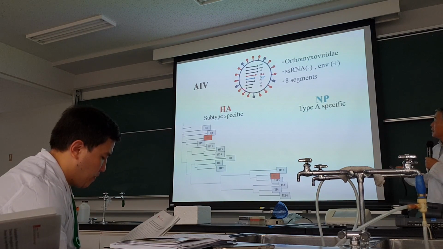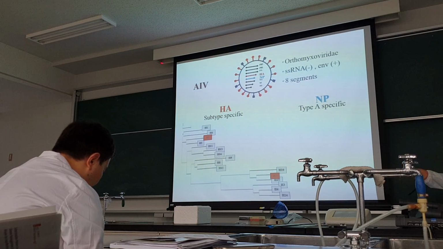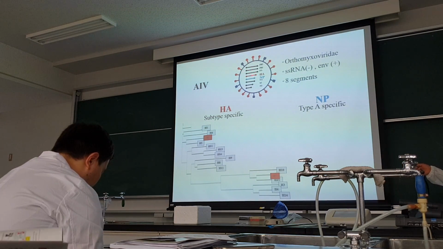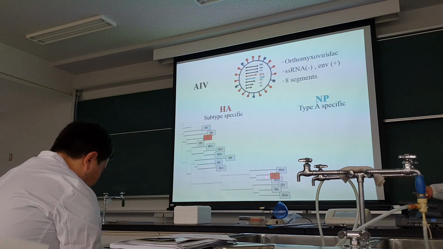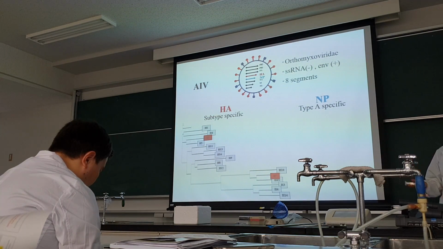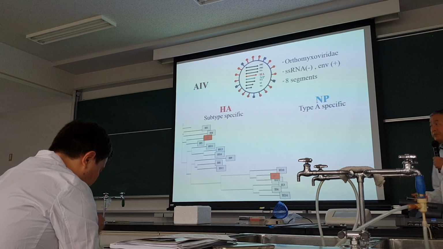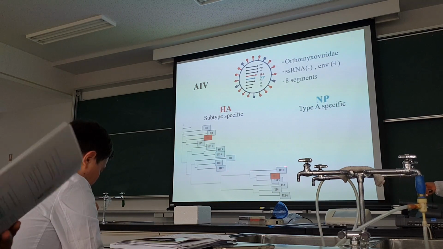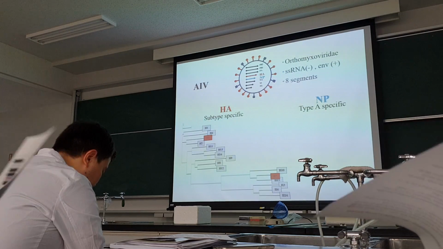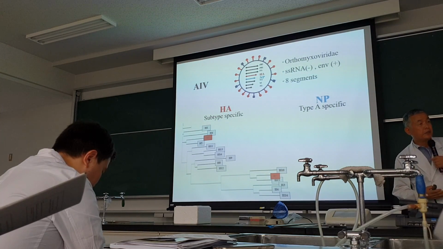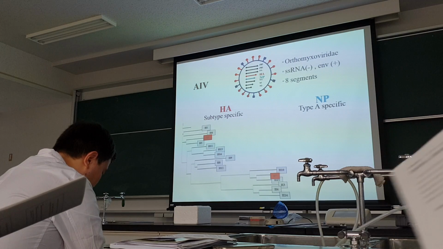Influenza virus also has a mixed genome. It contains the HA gene, right? There are 16 subtypes. The important ones, H5 and H7, should be detected broadly when we try to develop the system. The other 14 subtypes are not as important as H5 and H7.